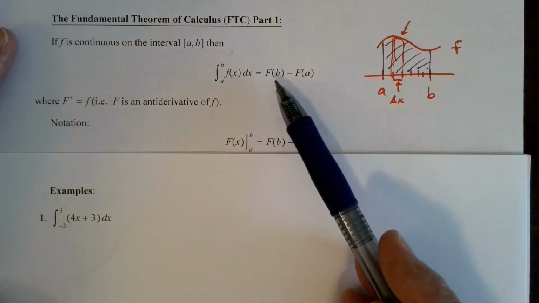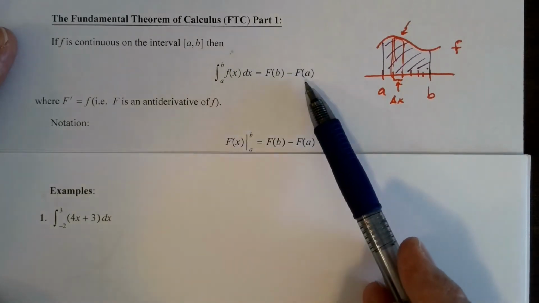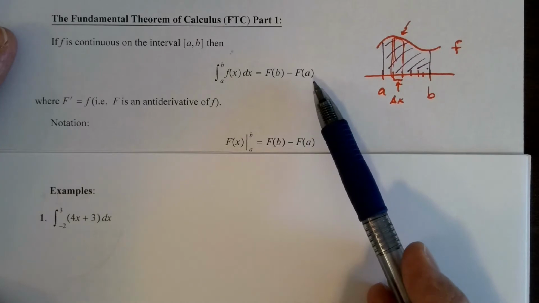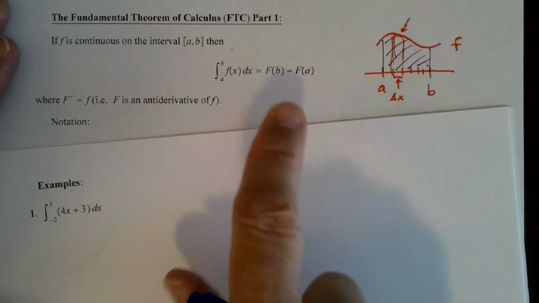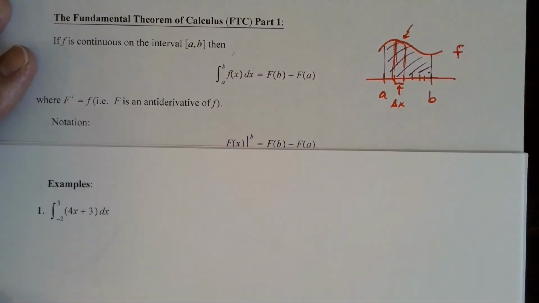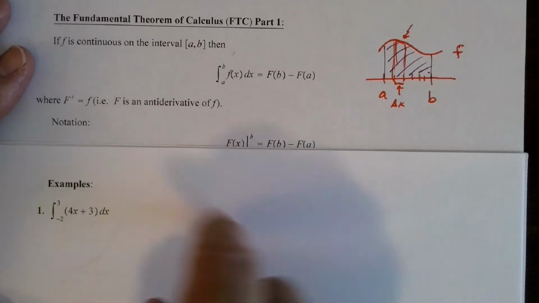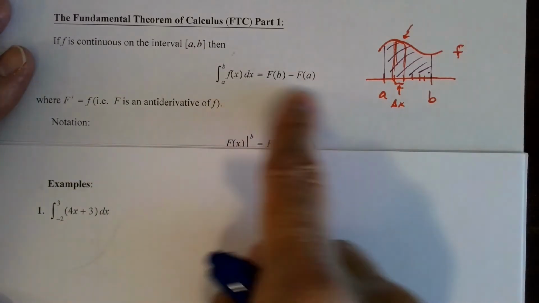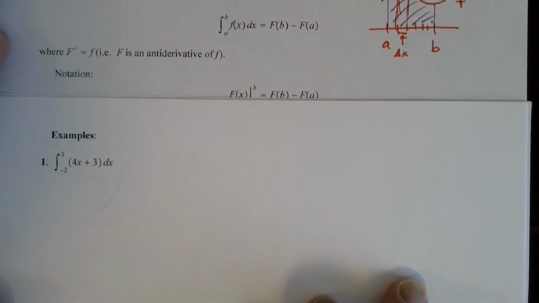And then all we have to do is evaluate it at the upper limit and then at the lower limit and subtract in that order. So make sure you remember how we're subtracting there. And it kind of should make sense that it would be b minus a. If you think about delta x being b minus a, the length of the interval going from a to b is b minus a. It's the same idea in this sense. I don't know if that helps you remember the order, because that is important.